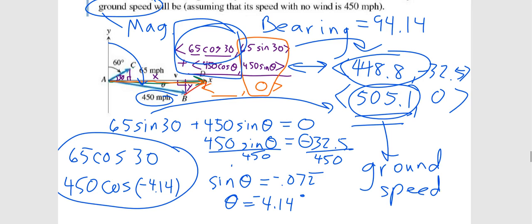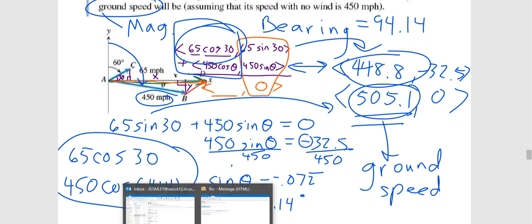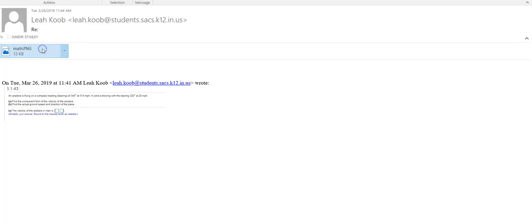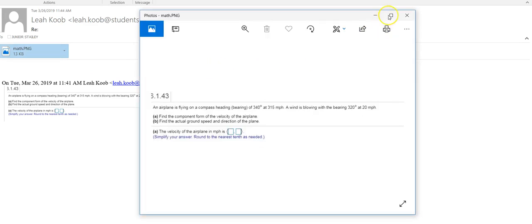Okay, now let's see if we can pull up that question you asked about. Is this your question? Yes. Airplane is flying on the compass heading bearing of 340. Okay. I have a feeling this is going to be an easier question than the one we just did.